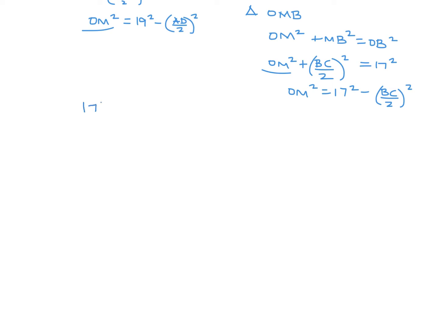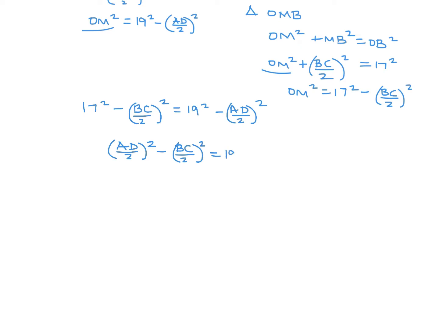That means that 17 squared minus BC over 2 all squared is equal to 19 squared minus AD over 2 all squared. Okay, so now let's work with this here. We got AD over 2 all squared minus BC over 2 all squared. And on this side, we got 19 squared minus 17 squared.